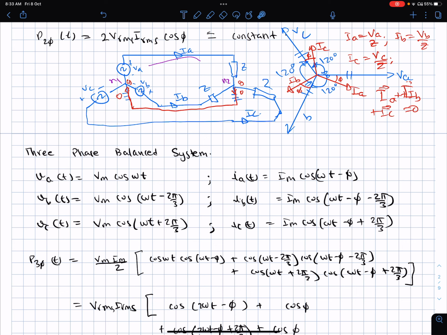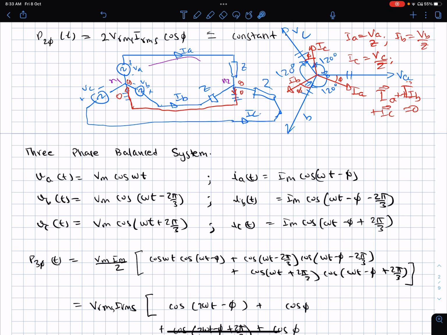So for a three-phase system like this, I have VA equal to Vm cos omega t, then the instantaneous value of the current IA becomes Im cos of omega t minus phi. Then this becomes Vm cos of omega t minus 2 pi by 3, and this becomes Im cos of omega t minus phi minus 2 pi by 3.